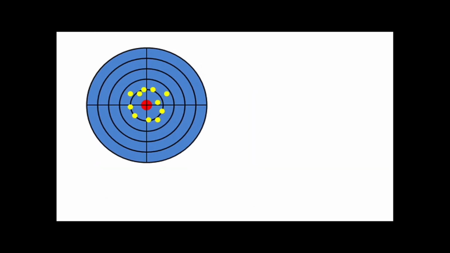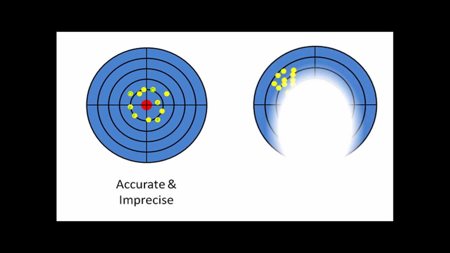Take a look at this figure. Can you see accuracy here? Are the obtained values in yellow close to your target value? Of course, yes. But are the obtained values near to each other? So this is a data showing only accurate but then imprecise results. How about this one?